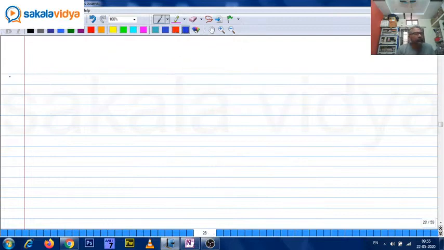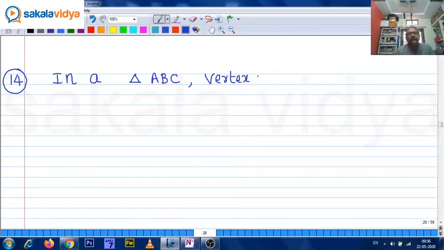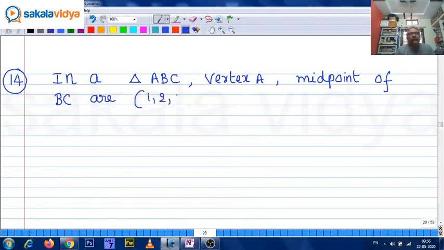Now let us move to the 14th problem. In a triangle ABC, vertex A and the midpoint of BC are 1, 2, 3 and 5 by 2, minus 5 by 2, 0.